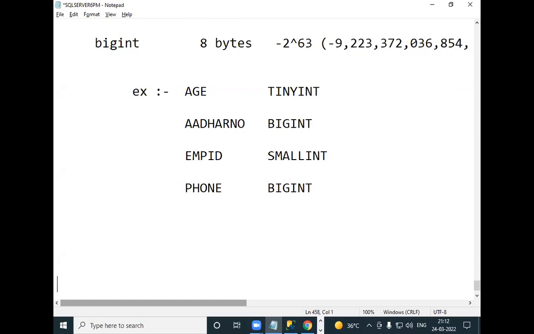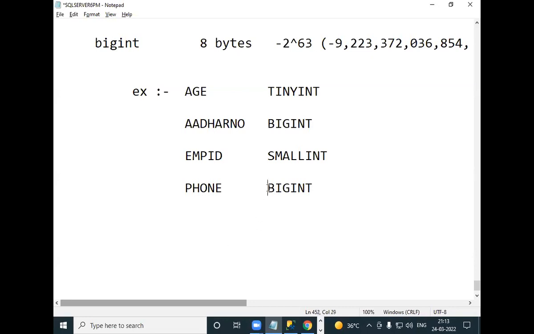You have to select the best data type; it's up to you. You can use char or varchar also, because char and varchar allow alphabets, numbers, and alphanumeric.